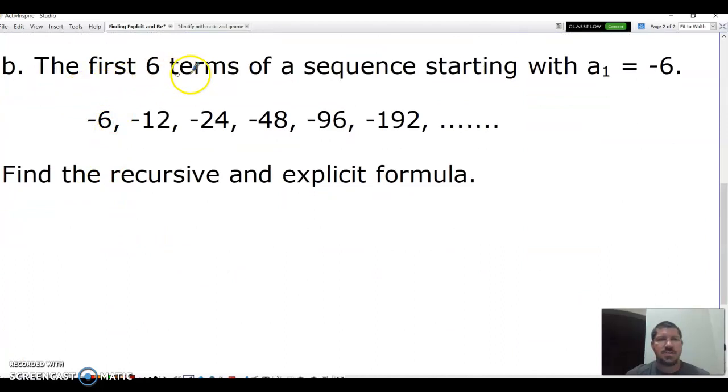Alright, so the first 6 terms, okay, so again, now this one's going to look a lot like that one. So negative 6 to get to negative 12, to get to negative 24, so on and so forth. I'm now multiplying by 2.